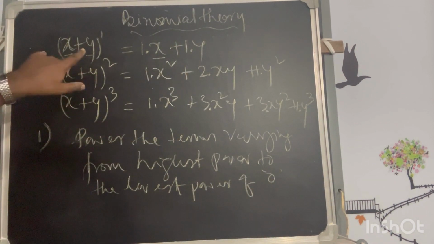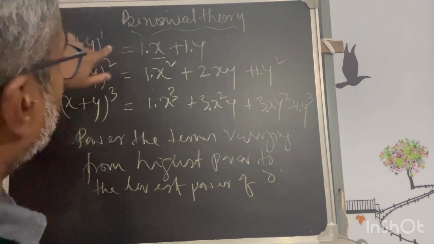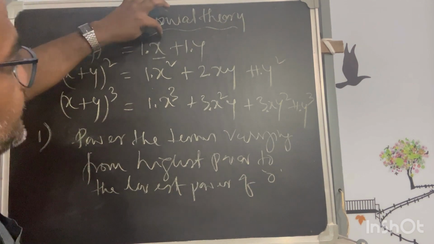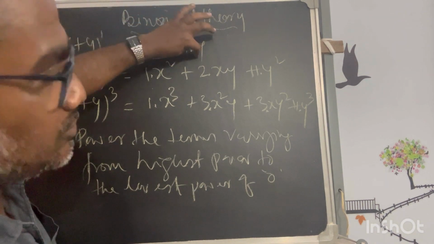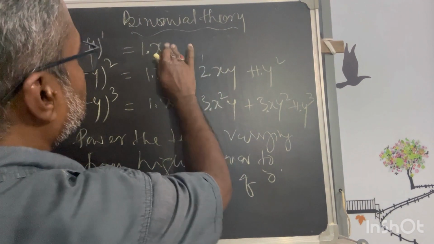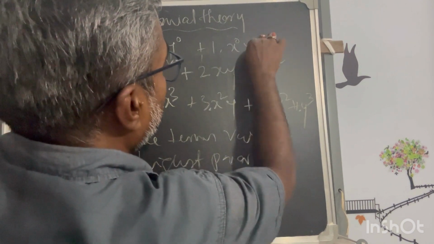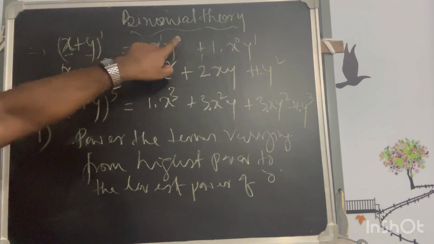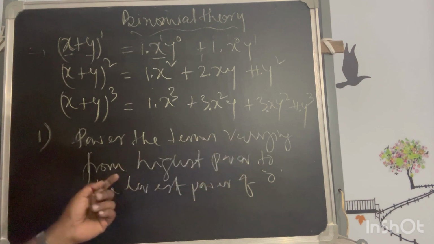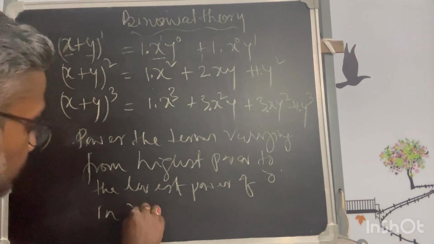So if I see this, in the case of x it varies from 1 to 0, x to the 1, and this can be expressed properly as x to the 1 y to the 0, and x to the 0 y to the 1. So it is varying from the highest power to the lowest 0, and the power of the other term varies from the highest power to the lowest power 0 in reverse order.